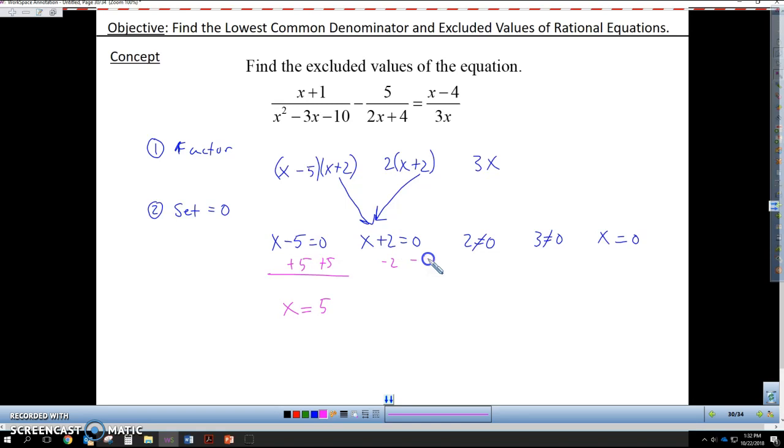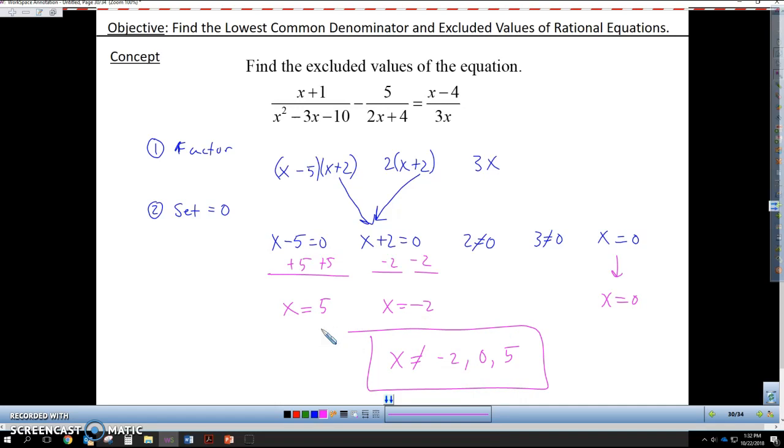Here I subtract 2 and I get negative 2 as an excluded value. And then over here, I don't have to do any solving. x is equal to 0. So what this means is x cannot be negative 2, x cannot be 0, and x cannot be 5. These are our excluded values.